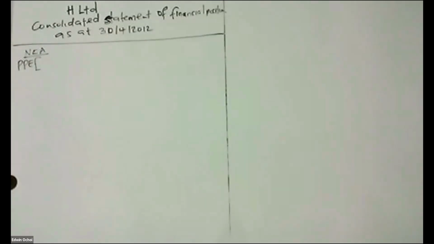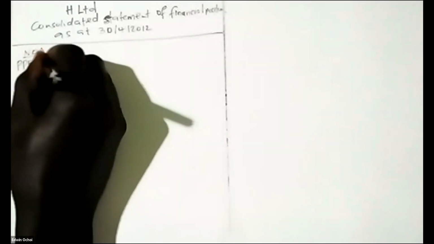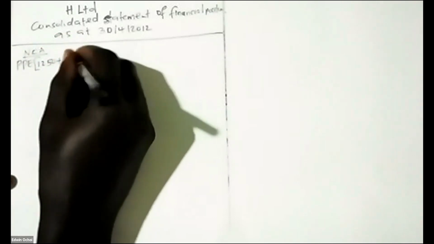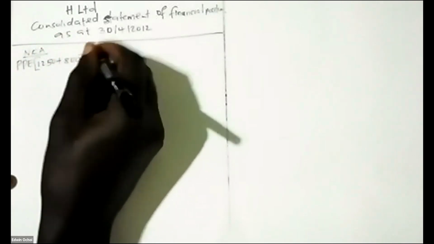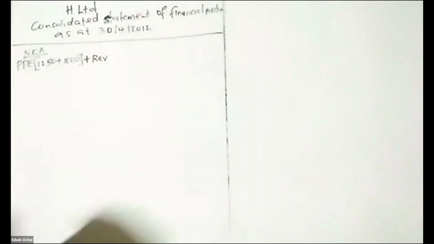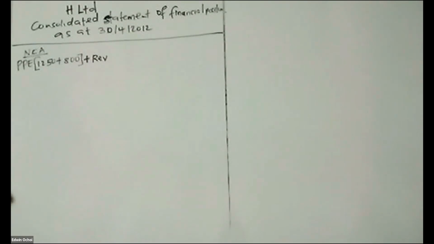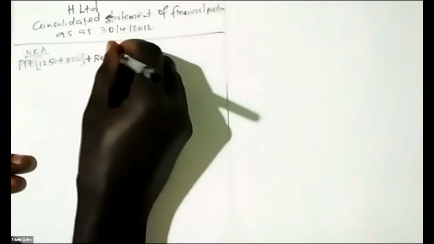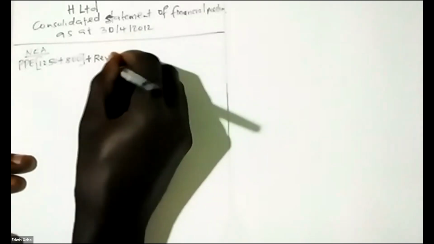So PPE is the parent plus subsidiary. So 1250 plus 800. You add revaluation if it was present, because revaluation increases the value of this asset. Then after revaluation, you are supposed to minus depreciation undercharge.